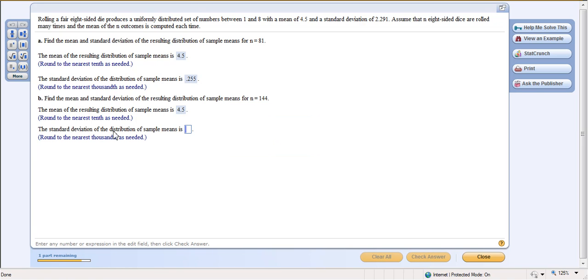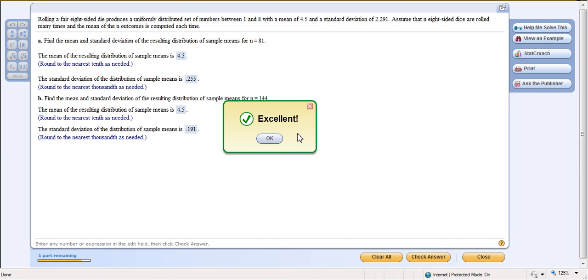Now, the standard deviation, we're going to take that original standard deviation, 2.291, and divide by the square root of 144, which is 12, so we divide by 12, 0.191, enter, great job.